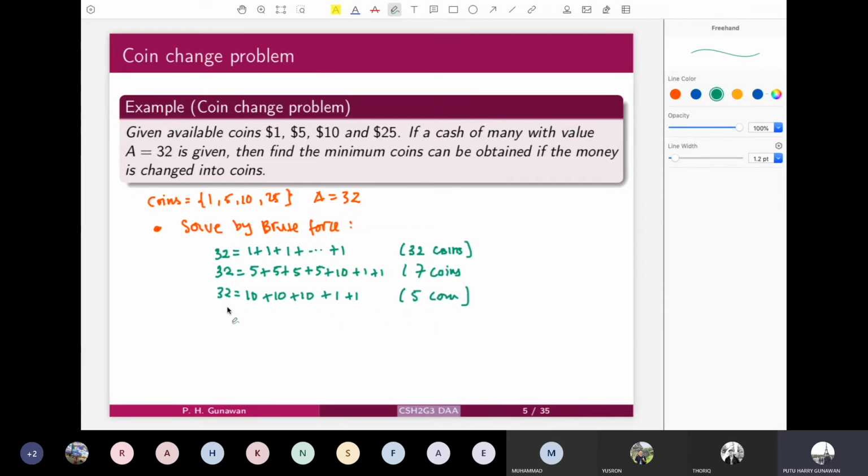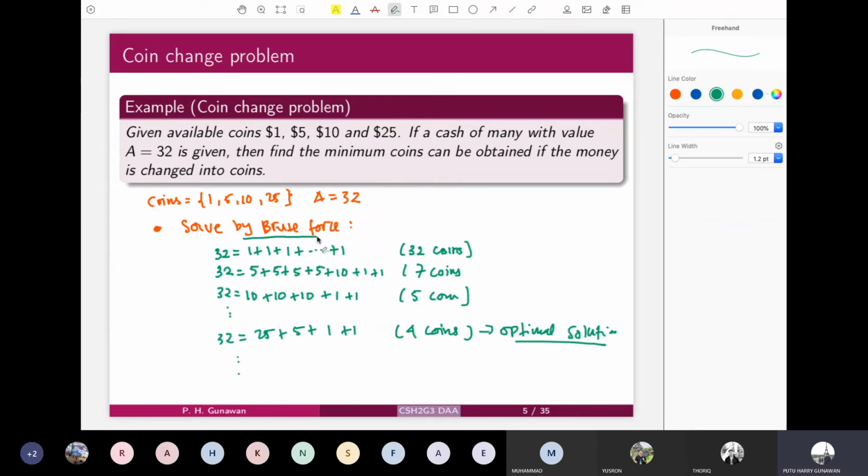And then you will find the minimum number of coins is 25 plus 5 plus 1 plus 1, which is 4 coins. So this is the optimal solution. Remember that this problem is solved by the brute force algorithm.